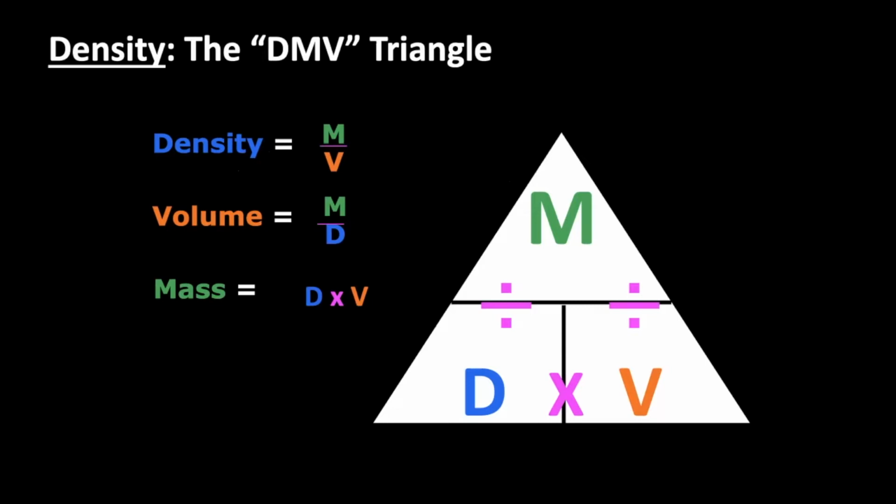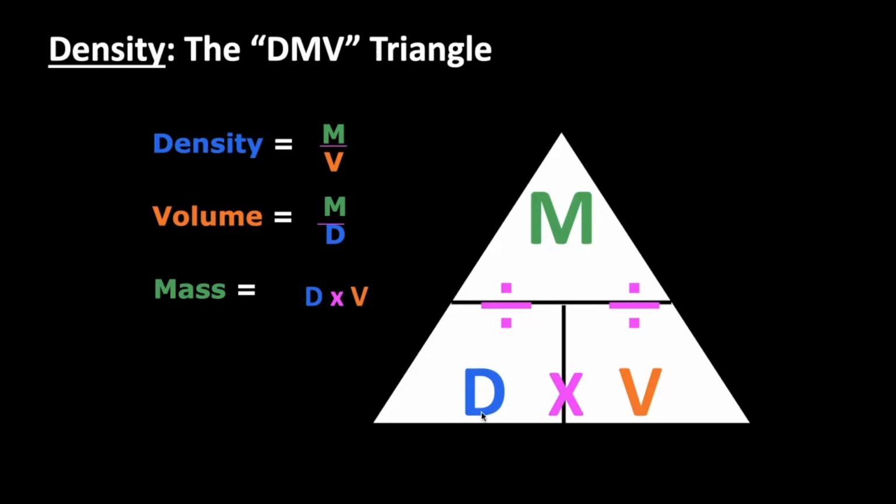If you have a hard time manipulating the density equals mass over volume equation so that you solve for volume or mass, you can use what's called the DMV triangle. So you have density equals mass over volume, but now let's say you want to solve for volume, that's equal to mass over density. So if you go to the DMV triangle, if we have volume, that's what we're solving for, it's going to be mass divided by density.